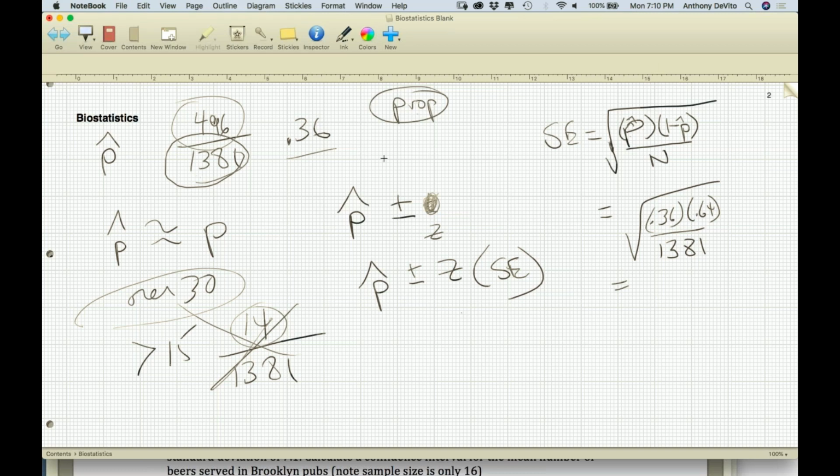We're going to go back here and say P cap is 0.36 plus or minus our z-score, which is 1.96, times our standard error, which is 0.013, 1.3%. So I'm going to just call this 2 so I can go through this quickly. It's going to be 0.36 plus or minus 2 times 0.026, 2.6%.